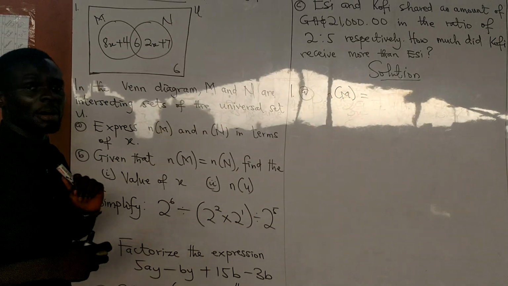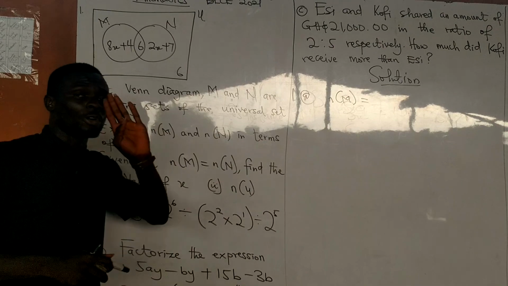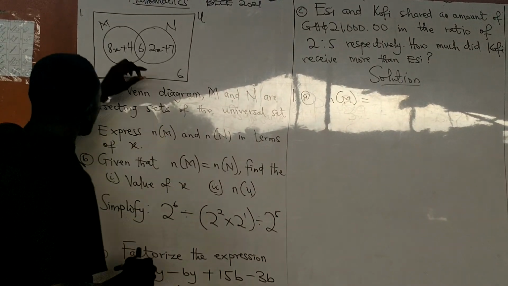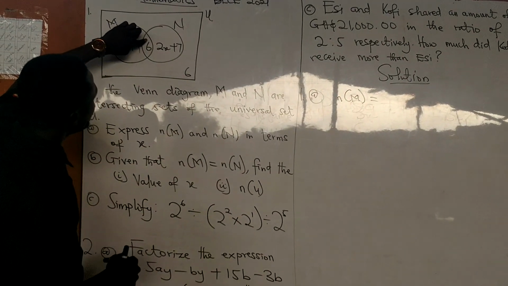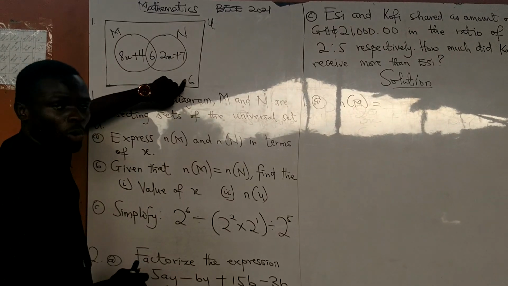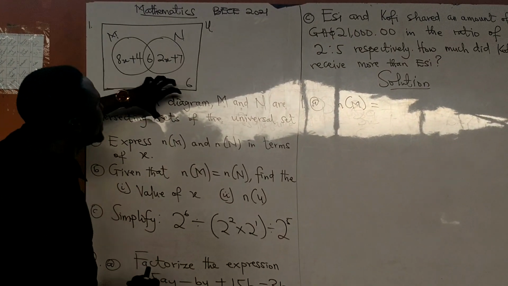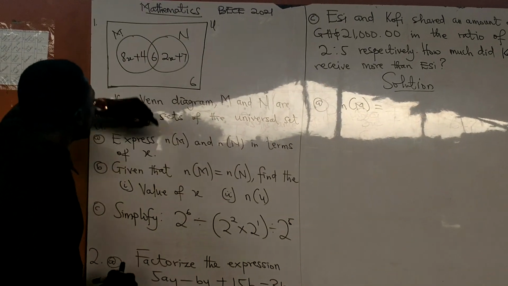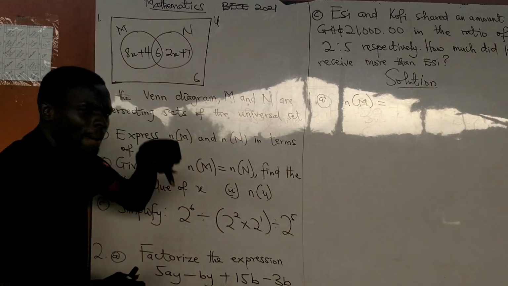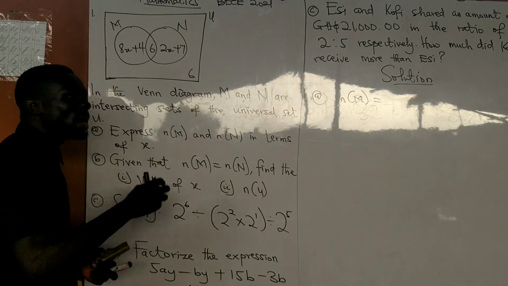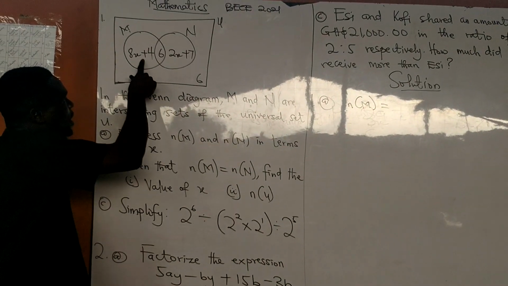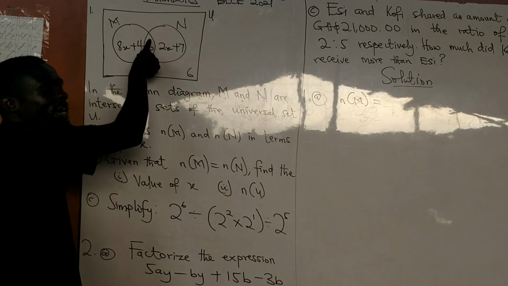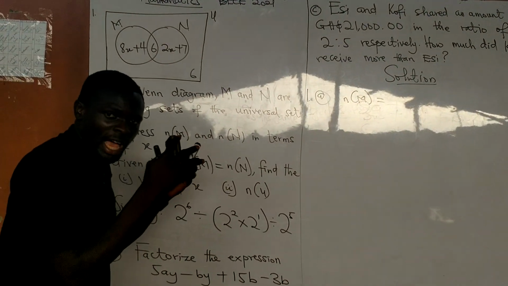On the Venn diagram, we have 4 regions: region 1, region 2, region 3, region 4. And the sum of all these regions gives us the universal set, which is U. Now, if I want the number of M, the number of M is region 1 and region 2 put together.